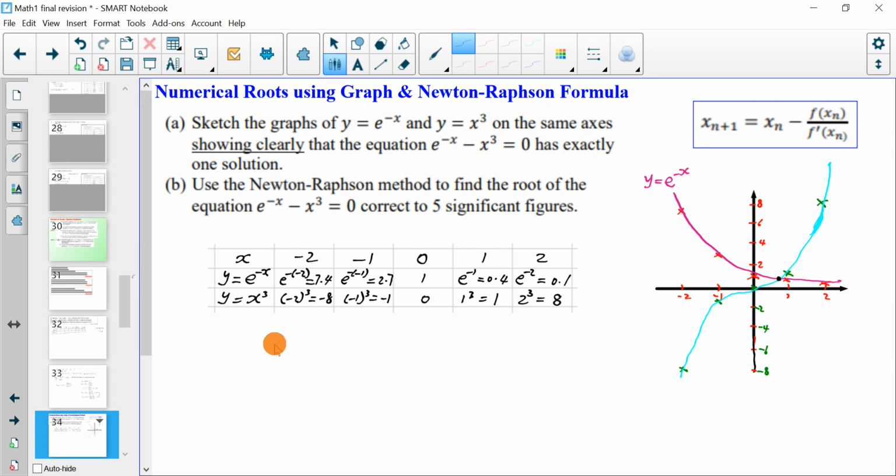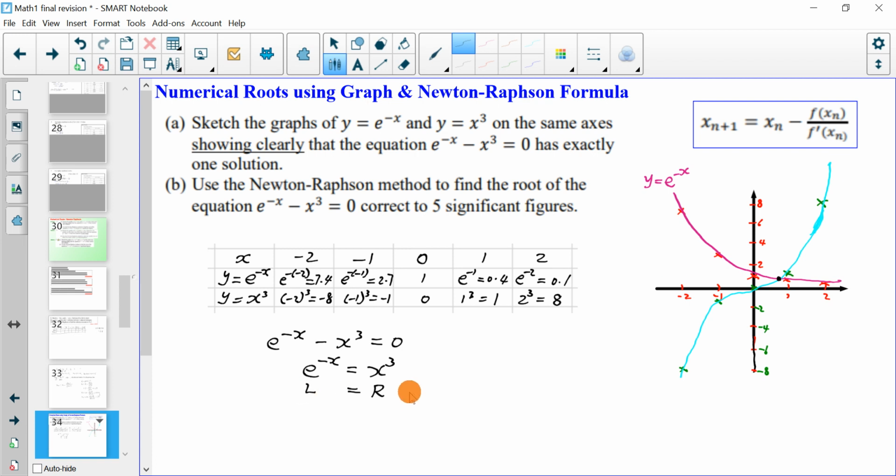The rationale for that is, if your equation is this, simply by rearranging, by taking a piece onto the other side, you will obtain e to the minus x equals x cubed. So basically left equal to right, and left is represented by this purple line, and right side is represented by this blue line.